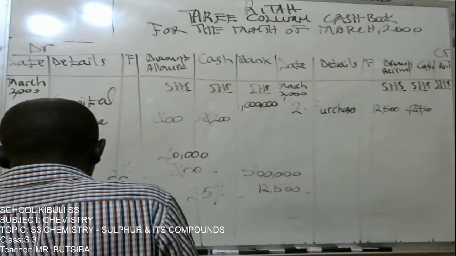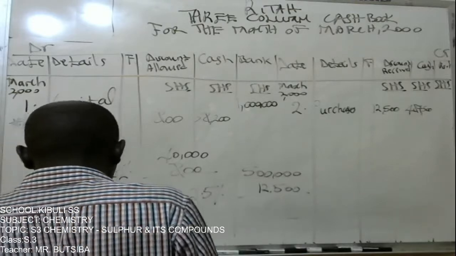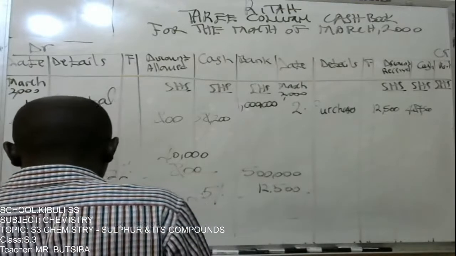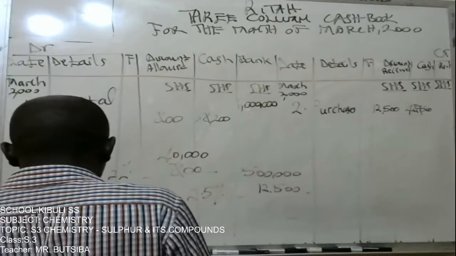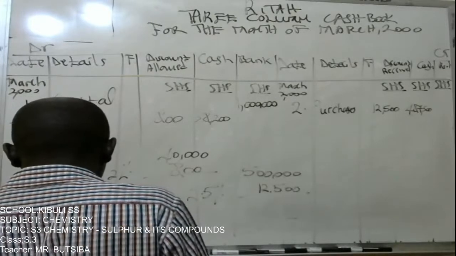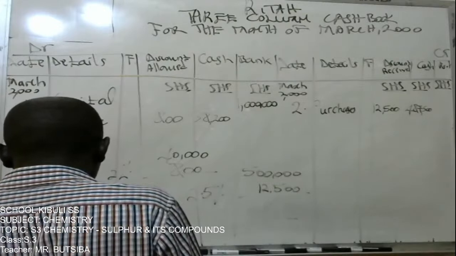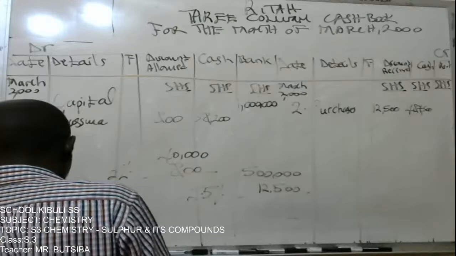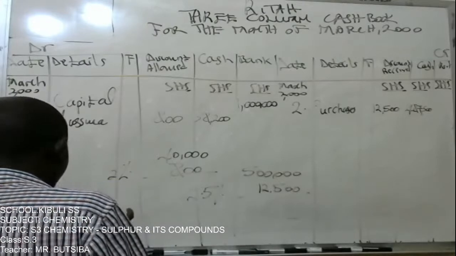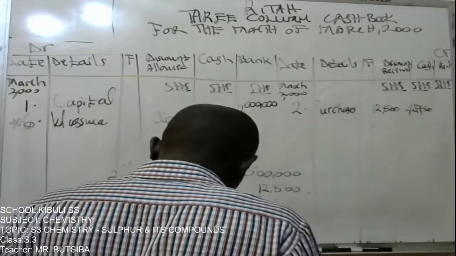Waswa received the goods. So is there movement of money in this transaction? Who can answer that question for me?